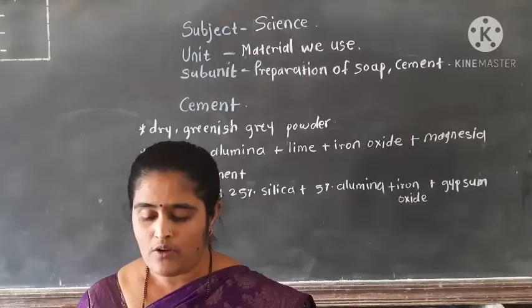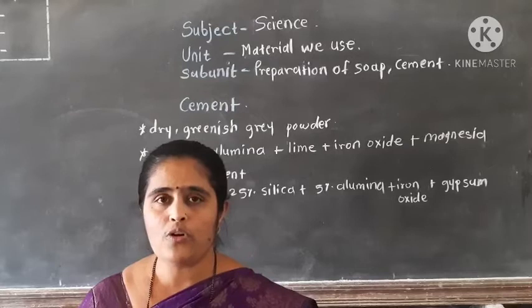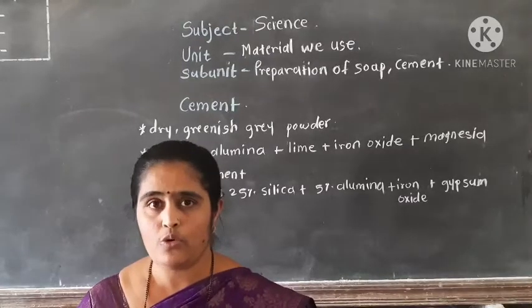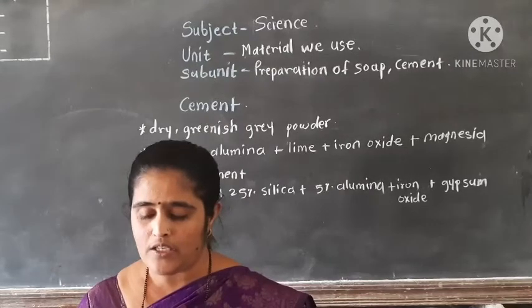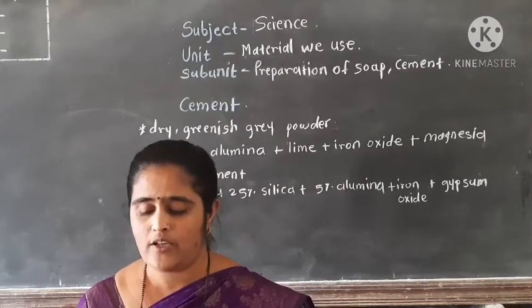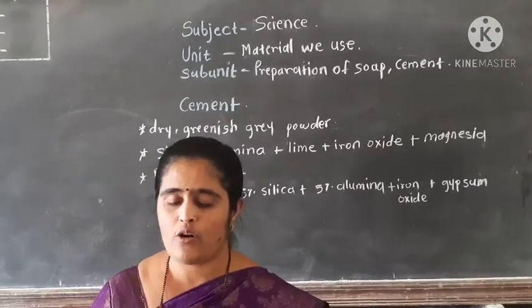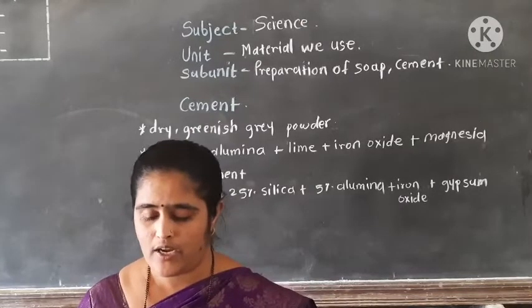Second question: fluoride is used in toothpaste to prevent tooth decay. The answer to the second question is tooth decay. Third question: soap is a salt of dash dash and sodium hydroxide. Soap is a salt of fatty acid and sodium hydroxide.